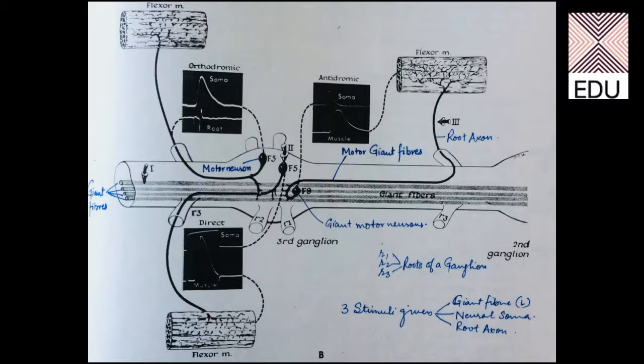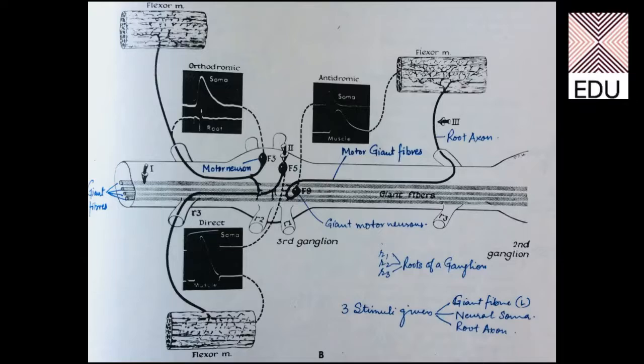So students, this is the overall structure. Again, if you see the very right side of this diagram, this is the next, 4th ganglion of the abdomen. We have the 3rd ganglion in the center, and the 4th ganglion has not been completely shown in this diagram, but you can see the 3rd root of the 4th ganglion.